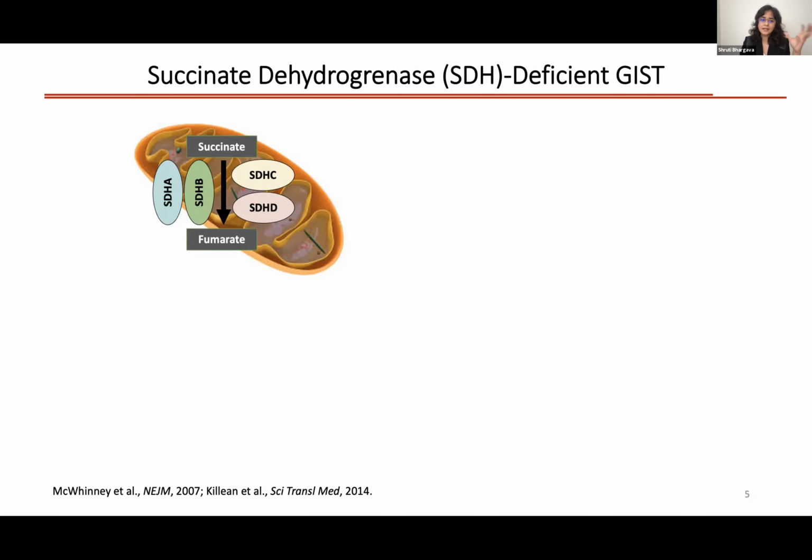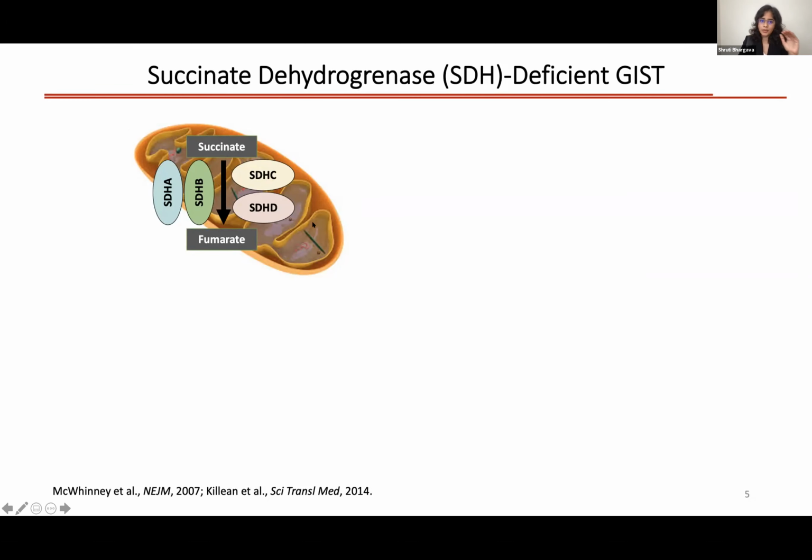The complex consists of 4 subunits, SDH-A, B, C, and D. The main process that is catalyzed by this complex is the conversion of succinate, a metabolite in the cell, to fumarate. So the product of this reaction is fumarate, whereas the substrate is succinate.